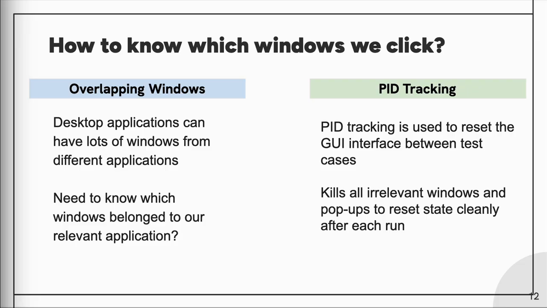So this means that on mobile devices, you don't have to deal with things like pop-up windows. And desktop GUIs can have overlapping windows from the same application or different applications, and they also appear in different locations across the screen or have overlapping windows from different applications muddling up a screen.